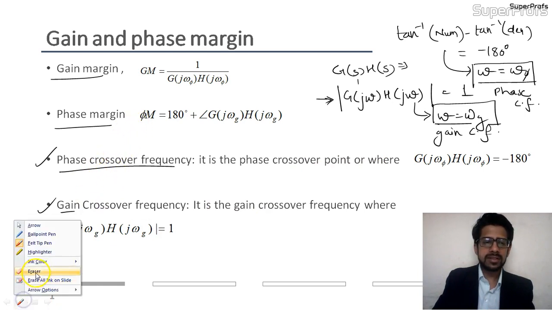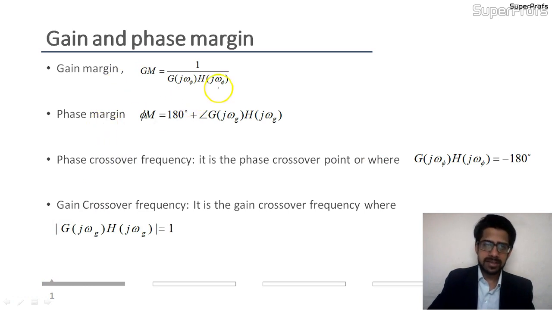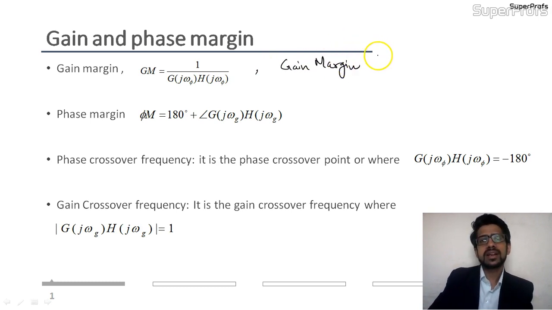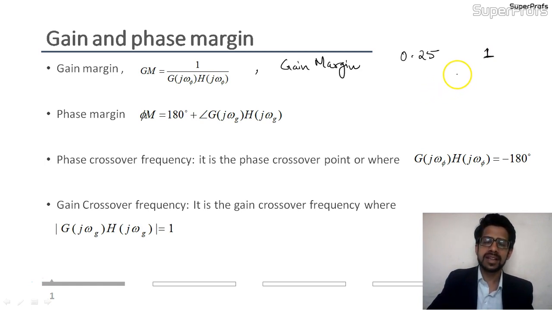Let us see what is gain margin and phase margin. Gain margin is essentially the margin available for gain, so that we can still increase the gain up to 1. So if you have the current gain of 0.25 and I know my gain limit is 1, I wouldn't like my gain to cross 1, because in negative feedback I know my gain is less than 1, and if my gain increases beyond 1, my system might turn unstable.